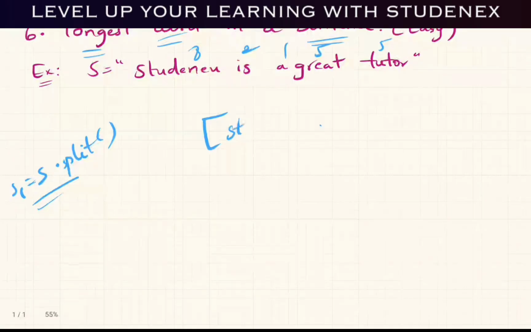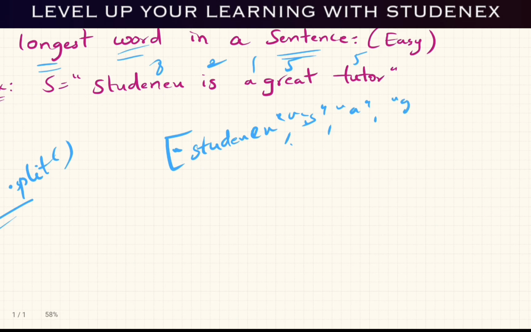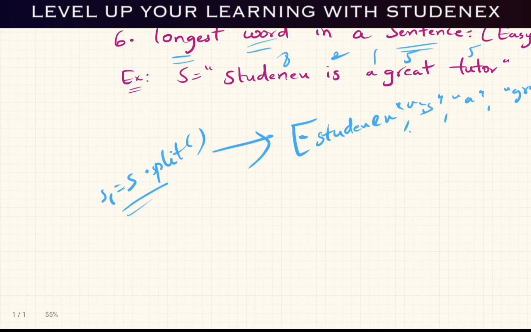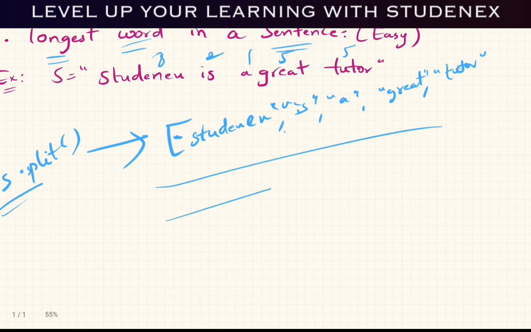It's going to store student X as a separate string, is as a separate string, a separate, great separate, and tutor separate. After doing this particular split statement, it's going to store like this. It's going to look basically like this.